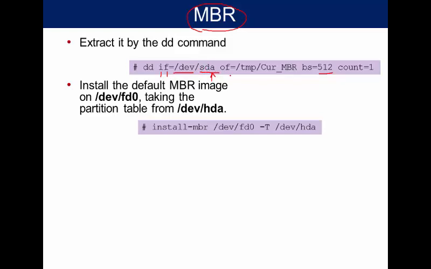And then the output file is where you can save the MBR. You can do whatever you want to. Say here. And then 512 bytes. Count one means I want to have only 512 once. That it contains 512 bytes from the beginning of that disk drive.